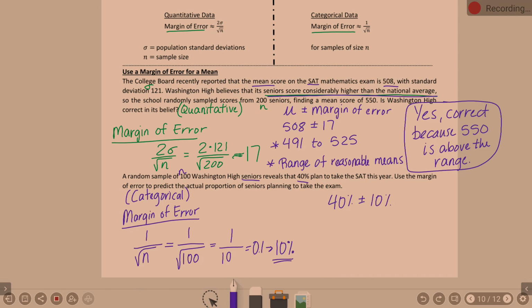Well, 40% plus or minus 10% gives us a range of 30% to 50%. So the actual amount of seniors likely to take the SAT? 30 to 50% of seniors plan to take the SAT. That's our margin of error.